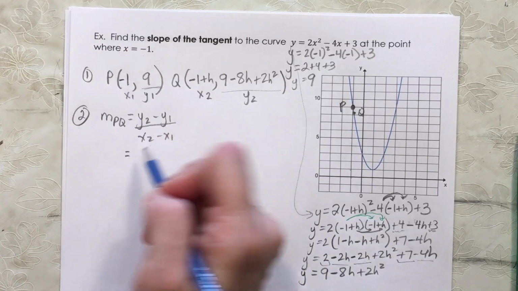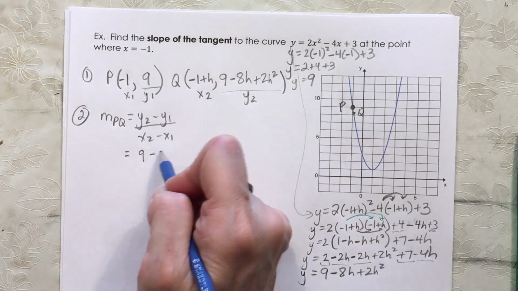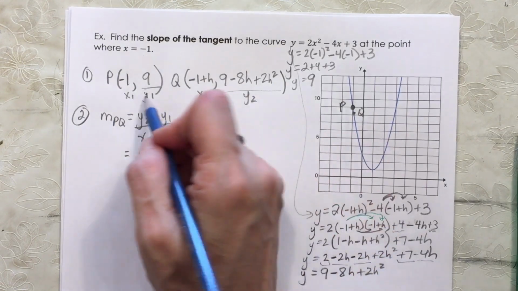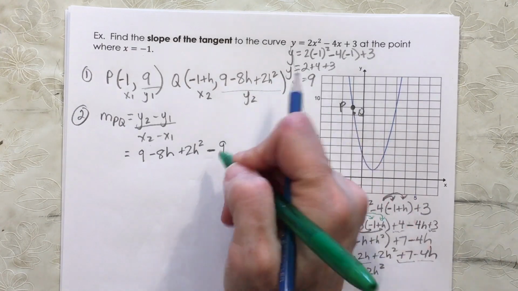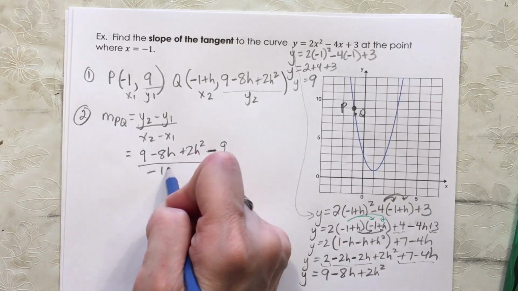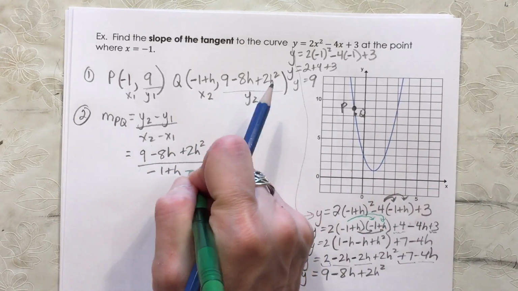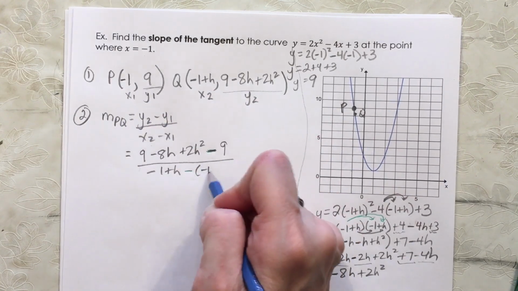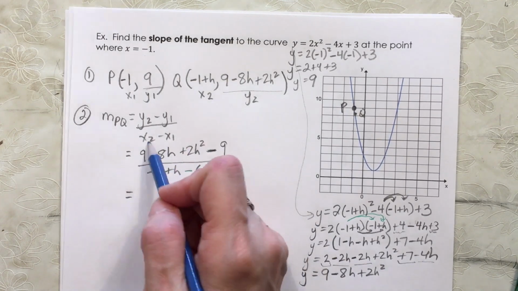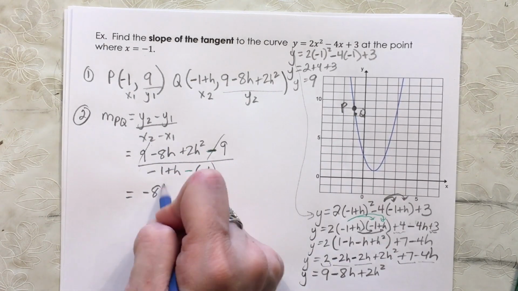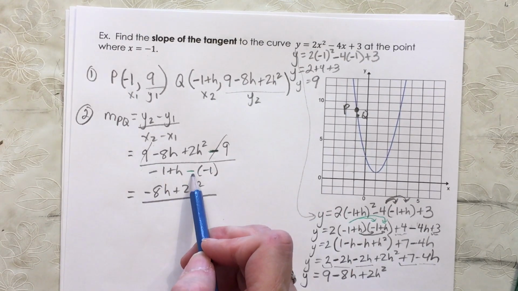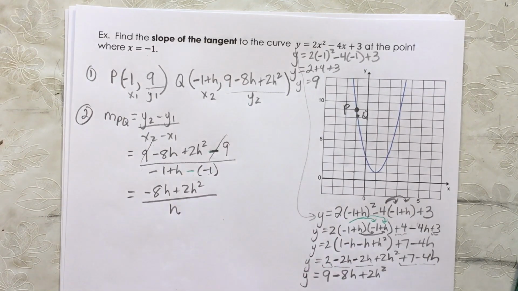So then that's going to be y2 is 9 minus 8h plus 2h squared minus y1, which is 9, over x2, which is -1 plus h, minus x1, which is -1. So then 9 minus 9 is 0. And -1 minus -1 is 0, because that turns into +1.